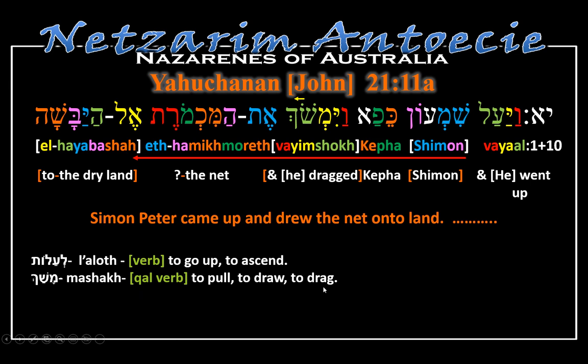Then we have et ha mikmoret, the net. El hayabasha, which means the dry land. So Simon Peter came up and drew the net onto land. So they normally just translate as land, but the literal word means dry land.